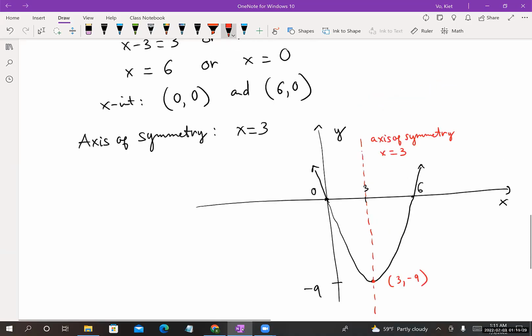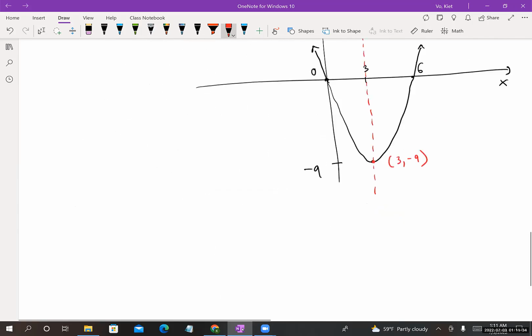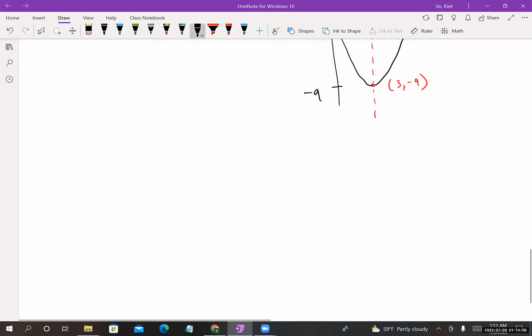Okay, so let's do another example where we try to write the function in vertex form. So vertex form is sometimes also called standard form, and then we identify the vertex, x and y intercepts, and the axis of symmetry as well.